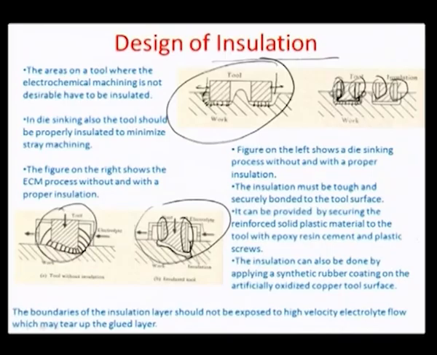Because it is a die sinking process, a case where the tool is physically going into the workpiece, thus trying to match the topology of the tool surface itself onto the workpiece surface, it is very important that we get rid of all those stray effects which would happen between the walls of the tool, which is away from the surface of the tool, onto the workpiece.